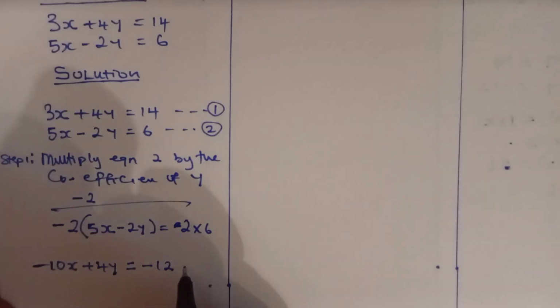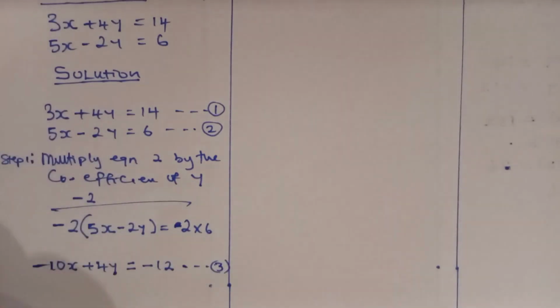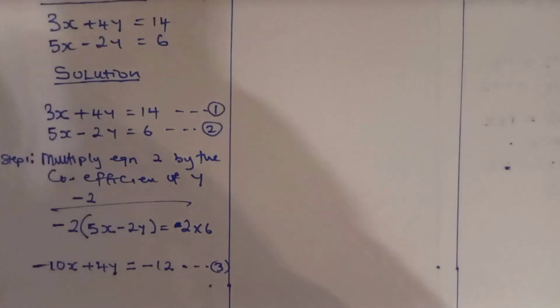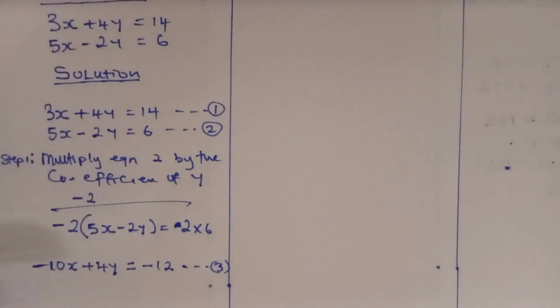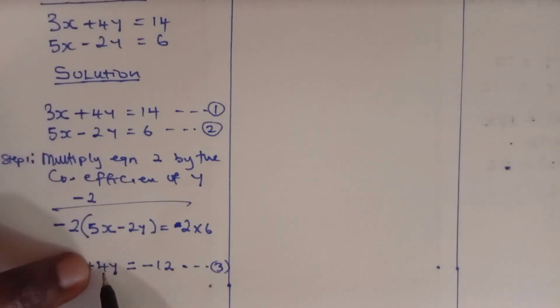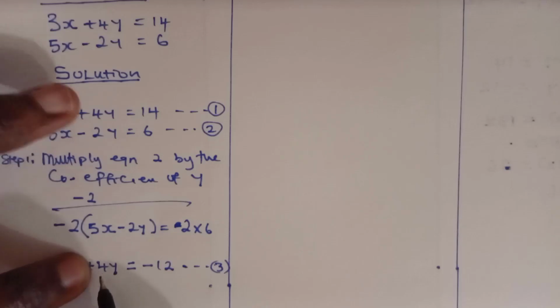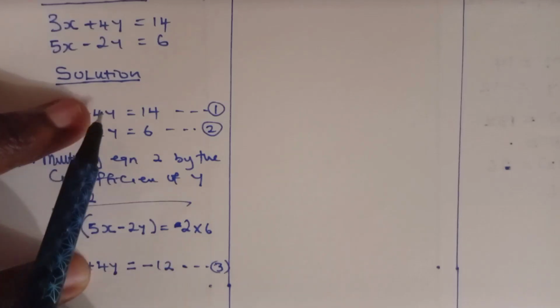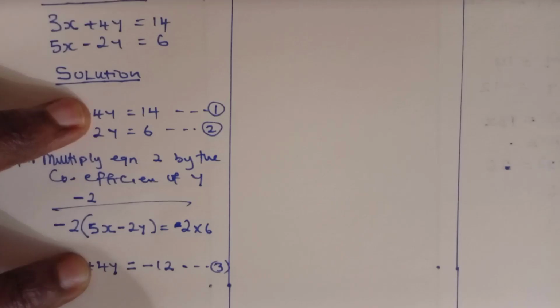So this is another equation. You can call this equation 3. Now we have equation 3, though we were not given it, but we want to find the solution to the problem we're given initially. Now the coefficient of y in equation 3 is the same as the coefficient of y in equation 1. So we can eliminate y.